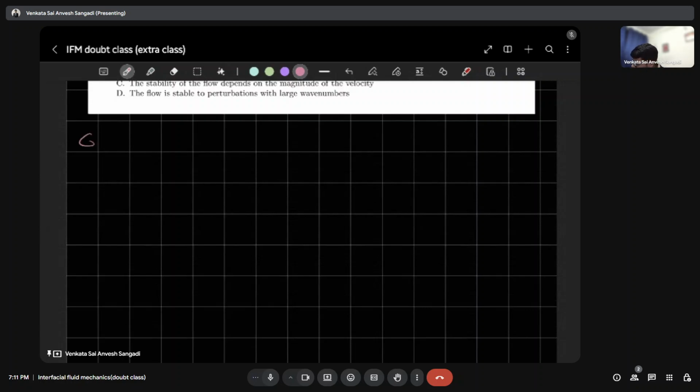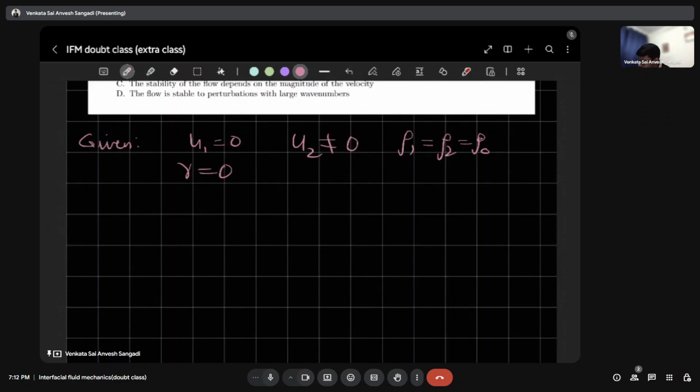Here, we'll write down what is given. u1 is 0, u2 is not equal to 0, rho1 equals rho2 equals rho naught, and gamma is 0. This implies no gravity effects.